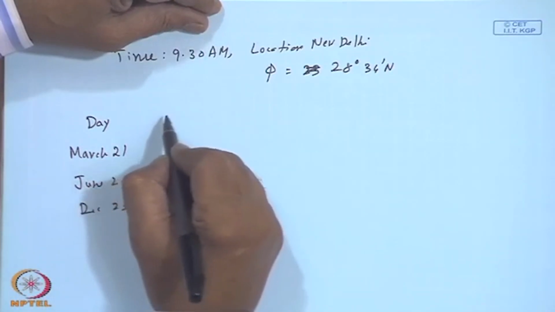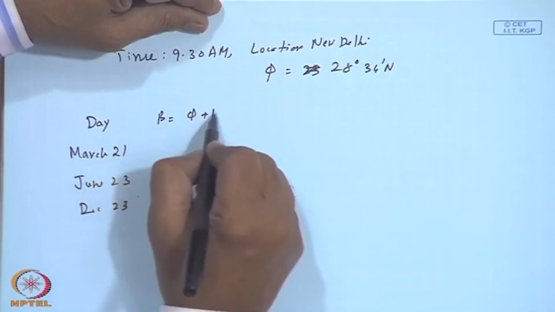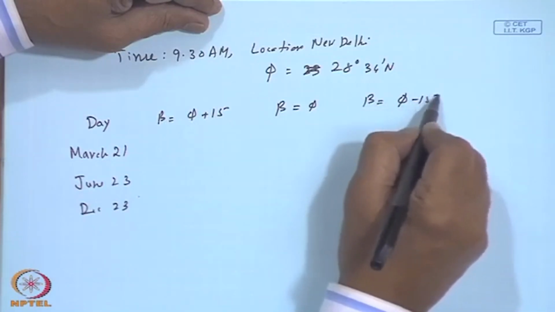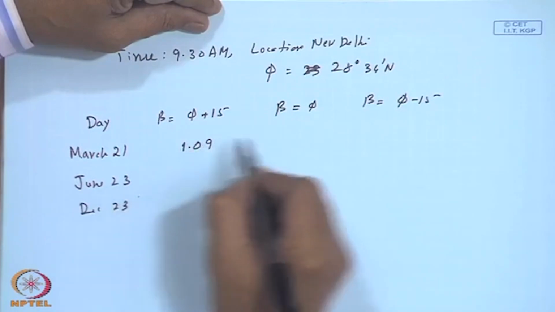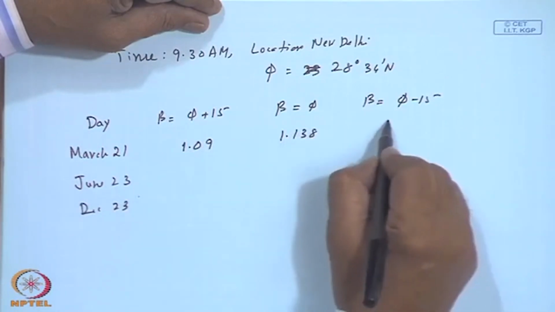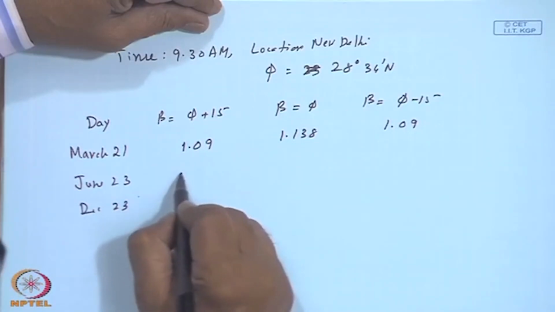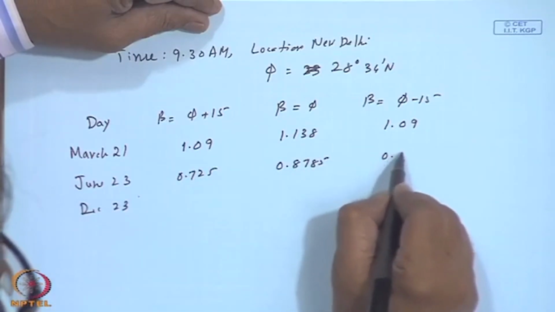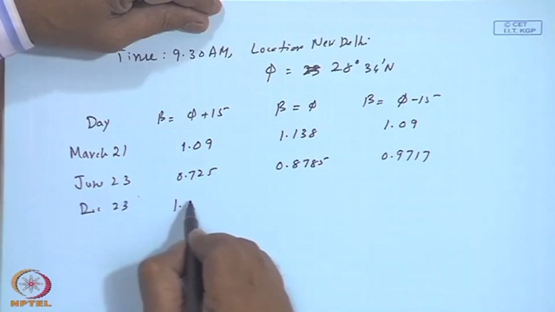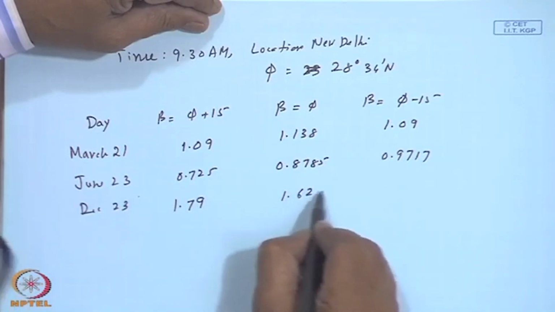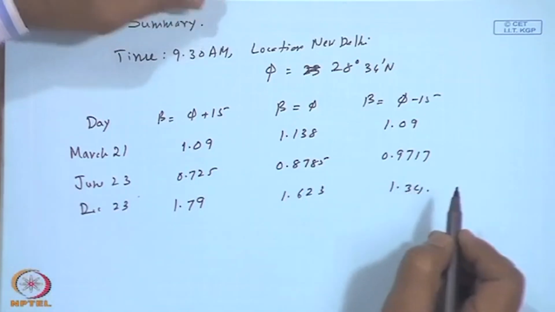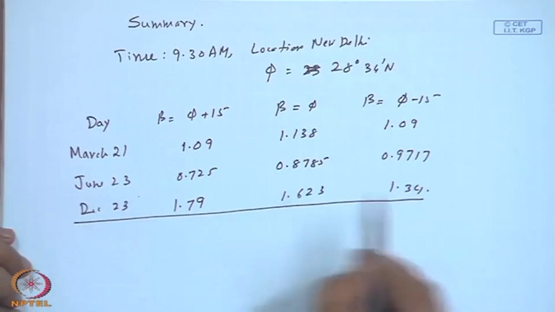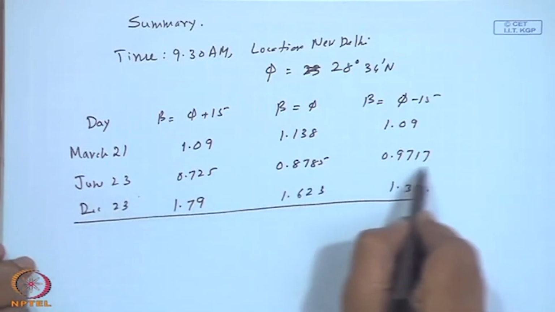So, you have beta equal to phi plus 15, beta equal to phi, and beta equal to phi minus 15, with the corresponding values of 1.09, 1.138 and 1.09, and 0.725, 0.8785 and 0.9717, versus 1.79, 1.623 and 1.34.